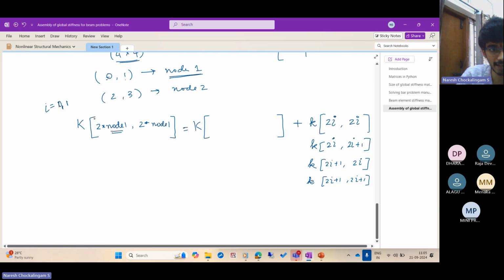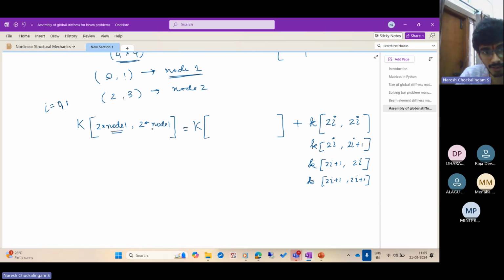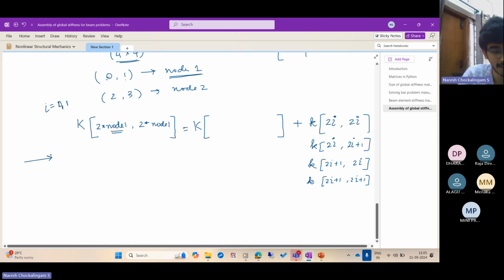So K of 2 into node 1, comma 2 into node 1 will take this component. Let me use this symbol just to say that it will get added up, right? This symbol means this plus something.